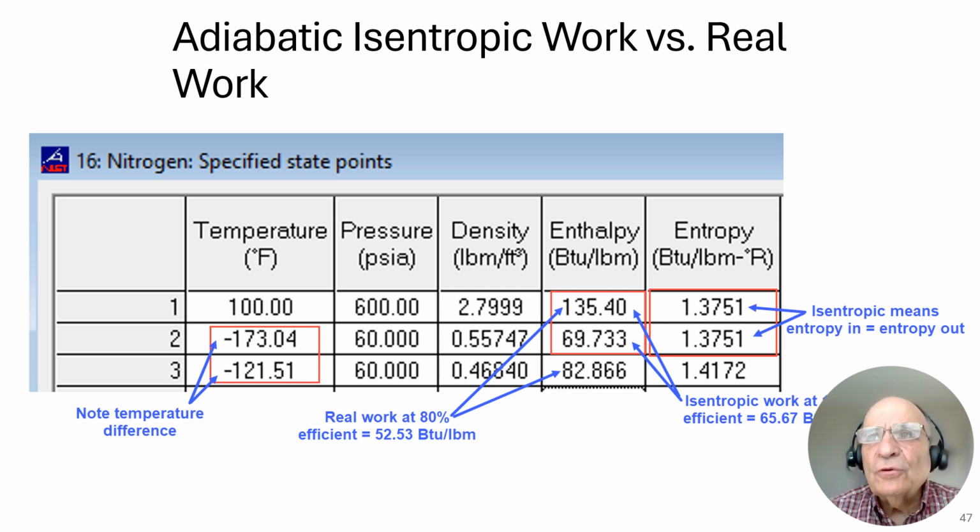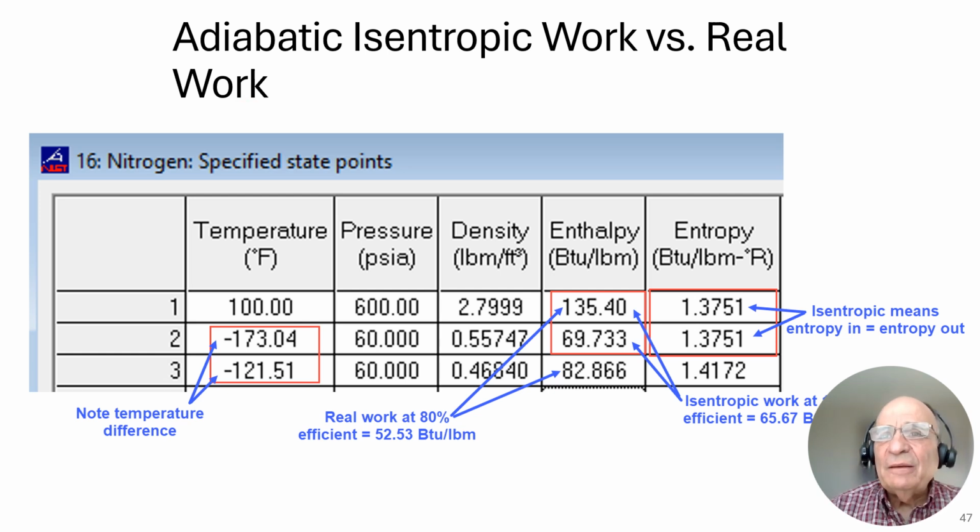To solve for the outlet temperature of this turbine, this expander, we go to our thermodynamic software, and the first thing we look for is the adiabatic isentropic work that'll come out of the expander, and then we will use the efficiency to find the real work.